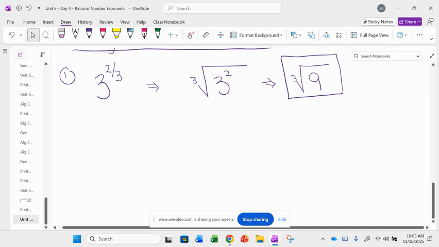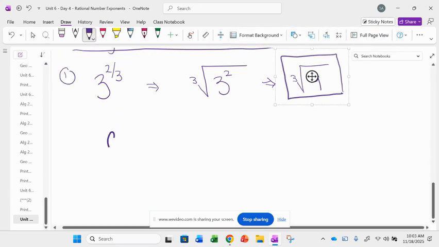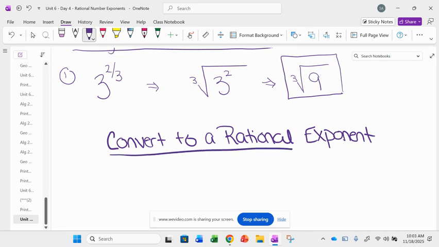Okay. Now, different directions saying something very similar to what we've been doing. I'm going to write convert to a rational exponent. So that means I'm giving you the radical form and I want you to convert to exponential.